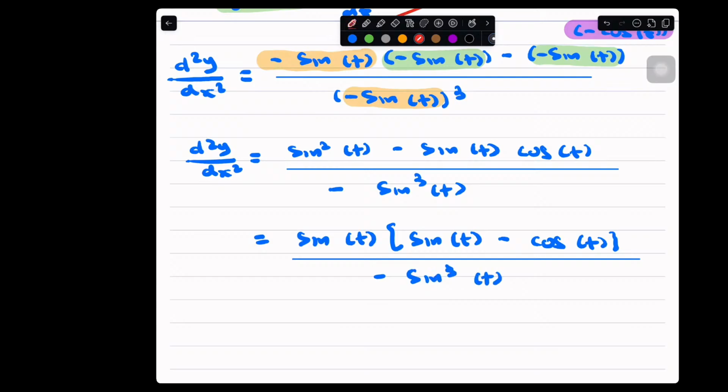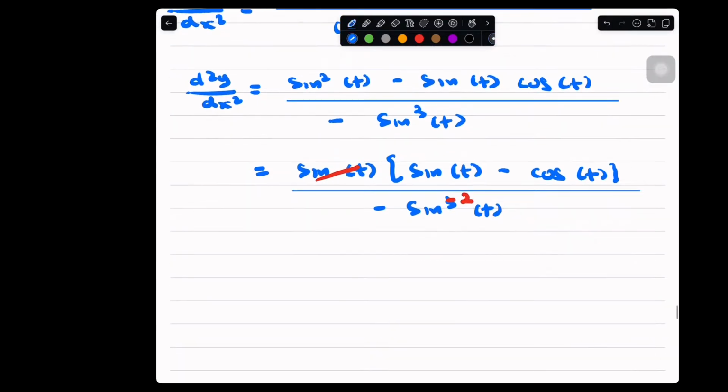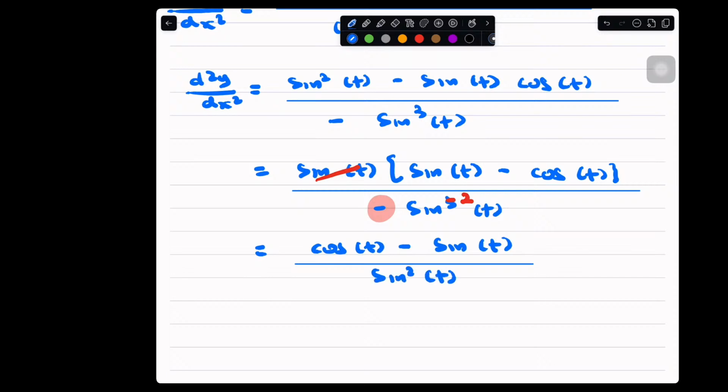Now, simplifying, we got a factor there. Let's divide the numerator by a negative sign. Cosine t minus sine t over sine squared t. So this is my final answer. All right, we can keep it in blue.